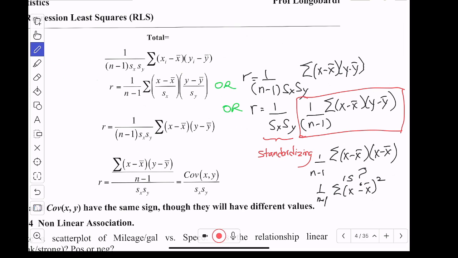This is called, these are the variance. Right? That's the variance.